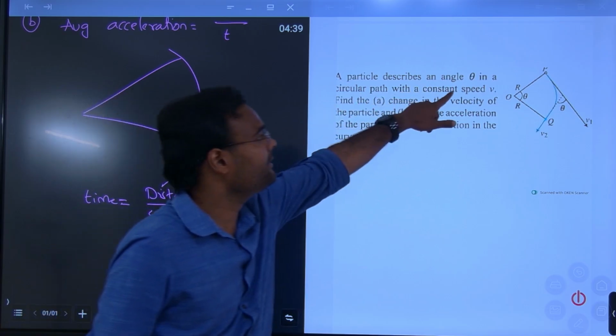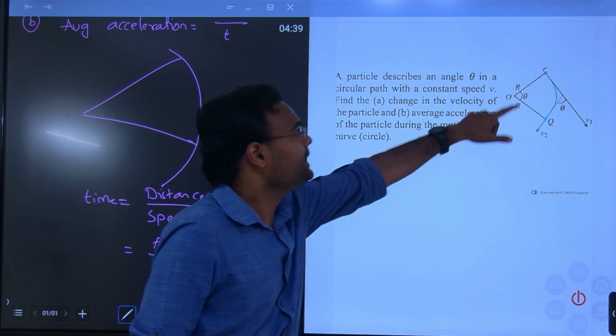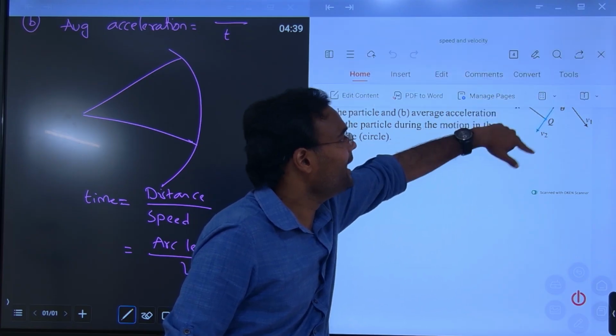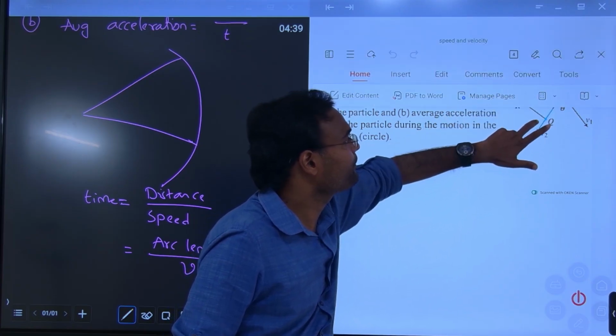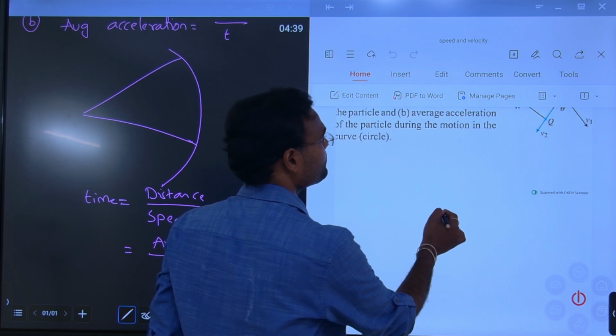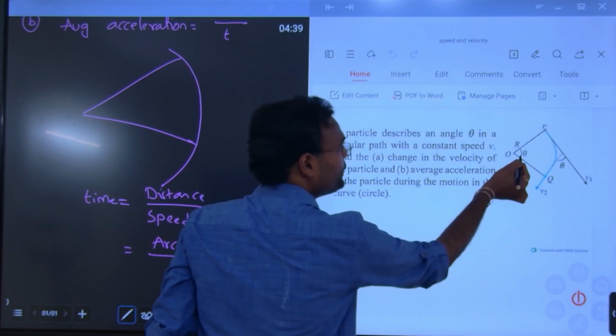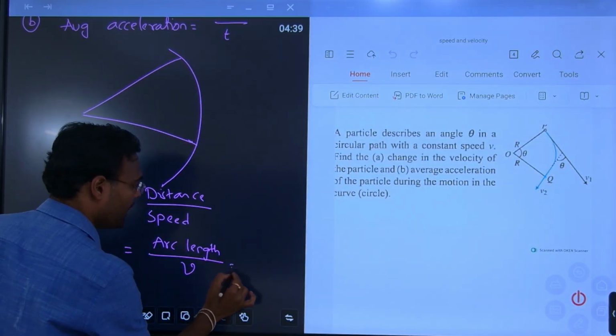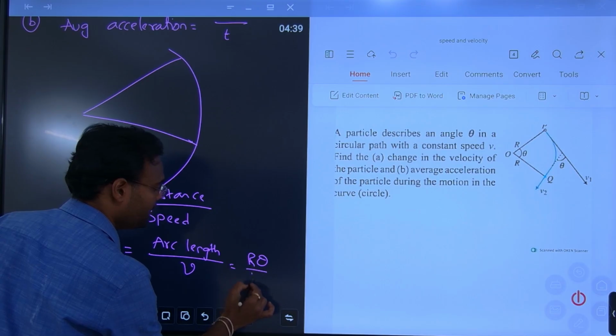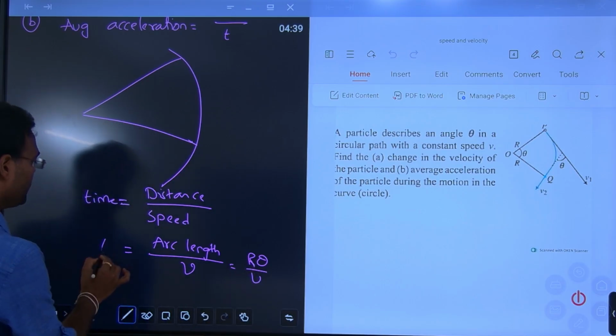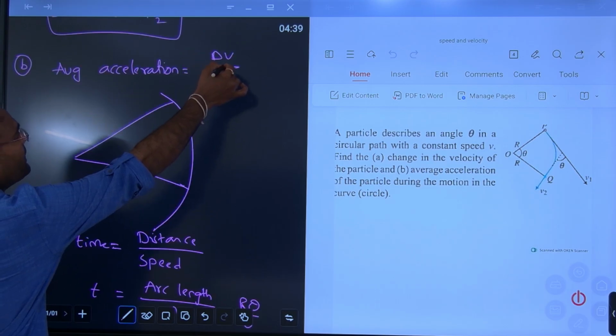The speed given in the question is v. Here the arc length is r into theta. Arc length is r theta, so time equals r theta by v. I am substituting this here.